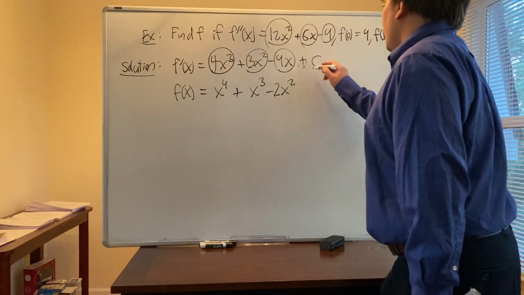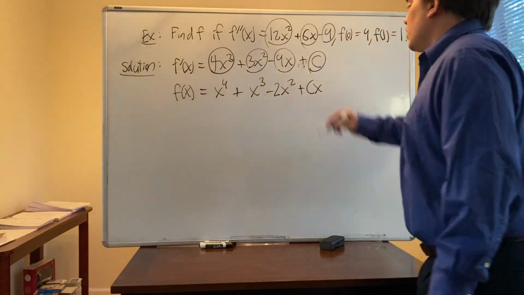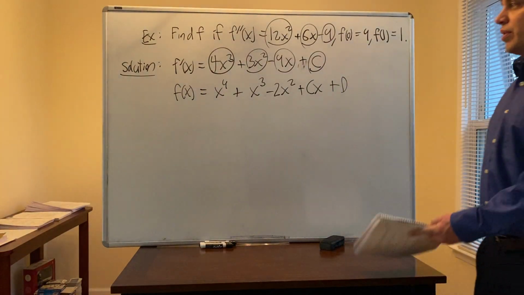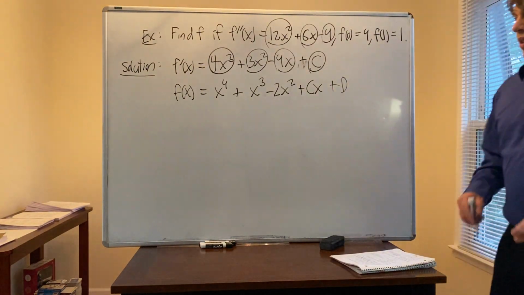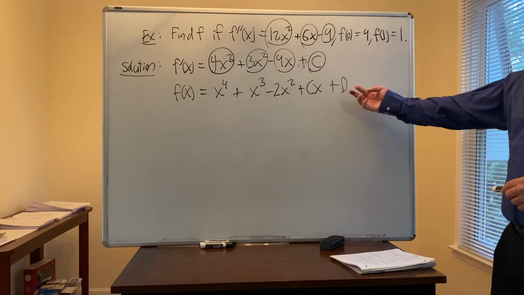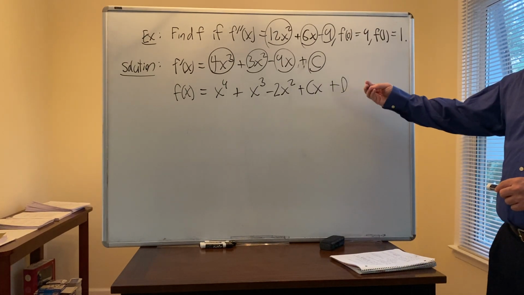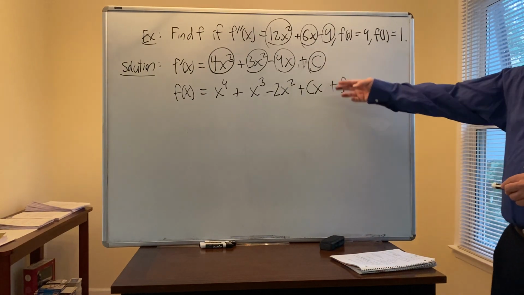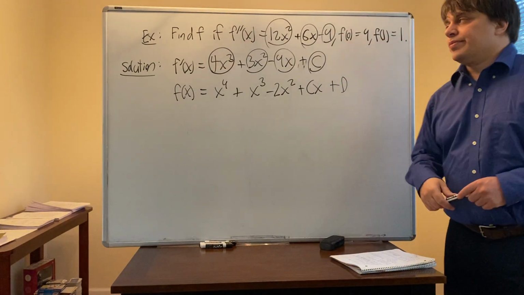And the antiderivative of c is cx. And then plus another constant to make it the most general antiderivative of f prime of x. So here, this little f of x is the most general antiderivative of f prime of x, which is the most general antiderivative of f double prime of x.